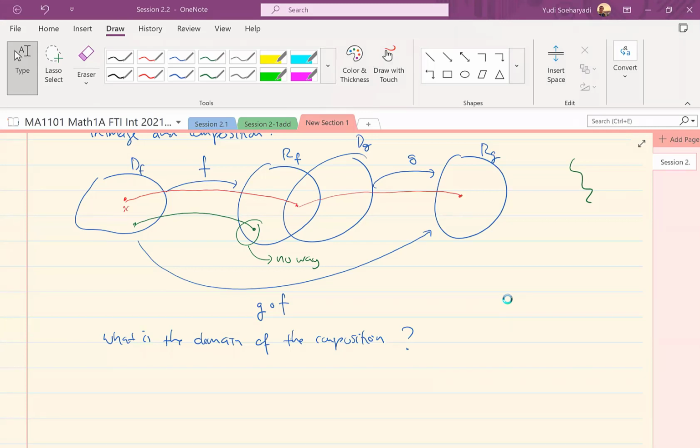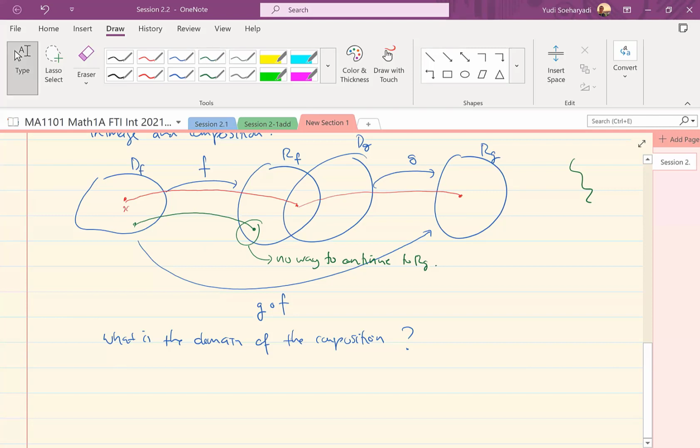Okay. Now, in the instance where you start with the one in green here, and you end up here, for example, there is no way you can continue your journey here to RG. Why? Because you didn't fall here. Okay, no way. Okay, here. All right.